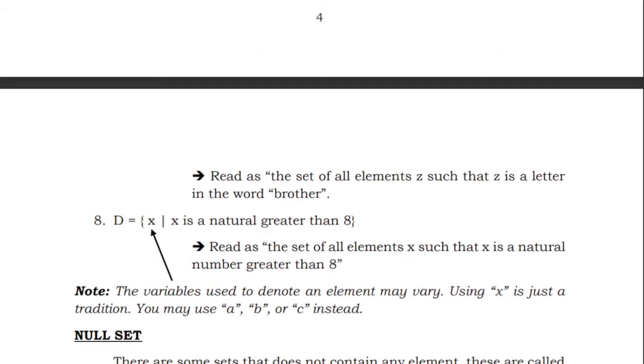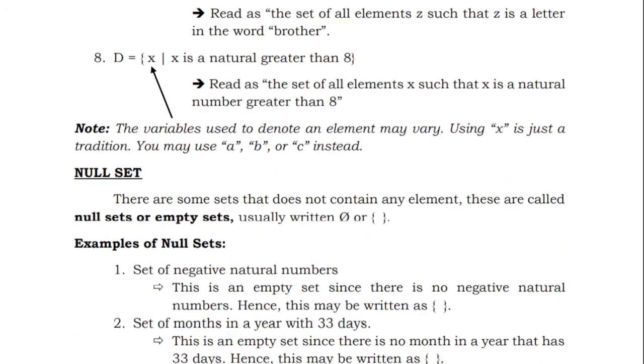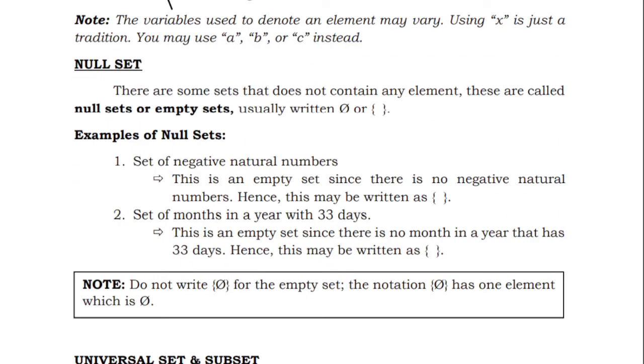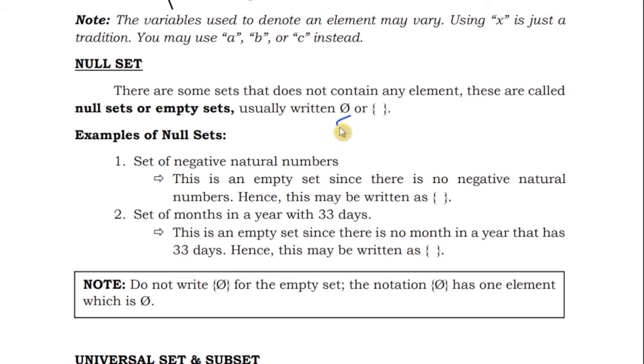So you can also use any letter in the English alphabet, provided that it is a small letter, for the representation of the elements, as I said. Okay, let's proceed to null set. When we talk about null set, there are some sets that do not contain any elements, so these are called null sets. In the symbol we have here that one and this one.